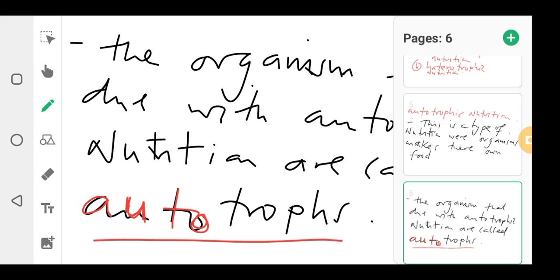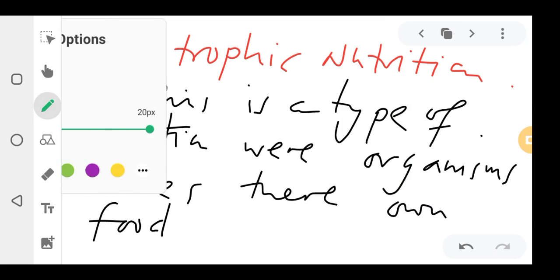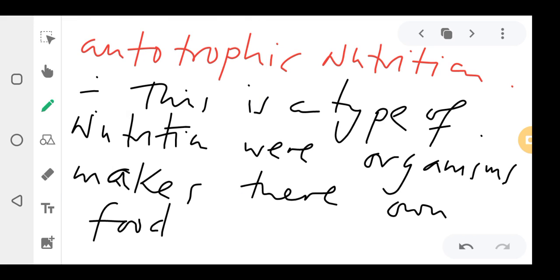Okay. We said there are two types of nutrition. The first one we talked about was autotrophic nutrition and the second is heterotrophic nutrition.